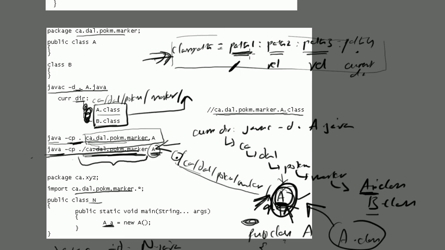Now it looks at the class path. It looks at path 1, which is an absolute path, and then appends this to this path.